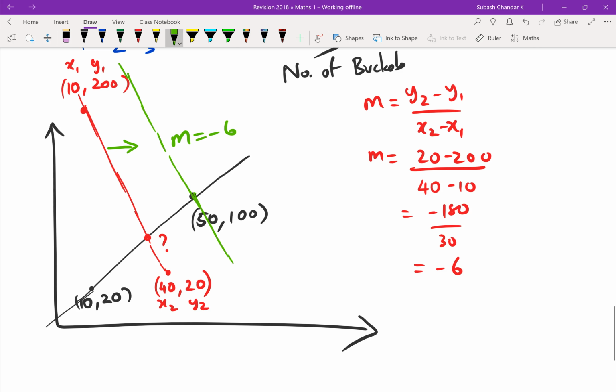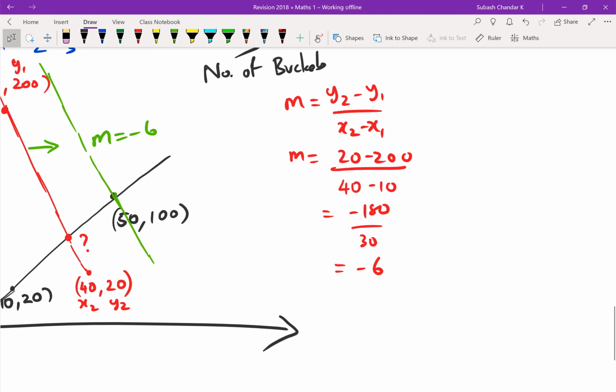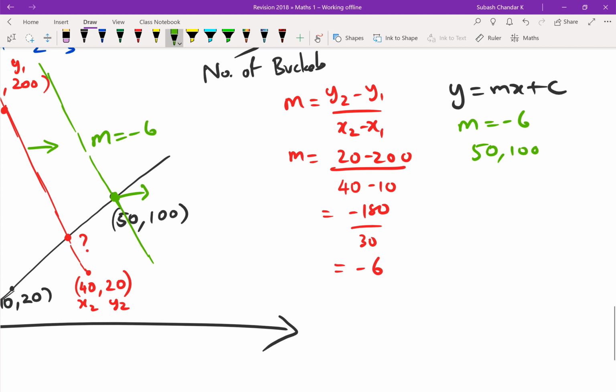But I want you to come up with the equation of the line. And watch this, folks. This is a really useful little trick to have. You know that the equation of the line is y equals mx plus c. What we know is the gradient is minus 6. And it also goes through the point 50, 100. So you can actually write this up. 100 equals minus 6 times 50 plus c. So you got 100 equals minus 300 plus c.